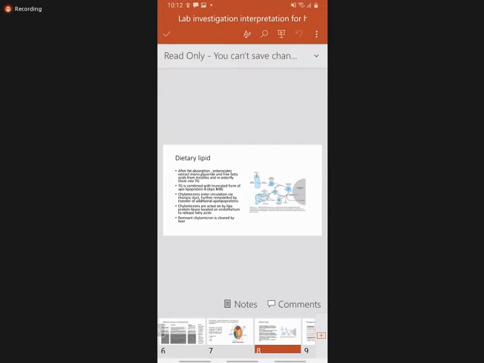The blue molecule is the triglyceride. Now when these triglycerides are re-esterified, they will combine with the chylomicron, that is B48. Okay, the chylomicron enters the circulation with apolipoprotein B, and the chylomicron is coming here from the lymphatic system.